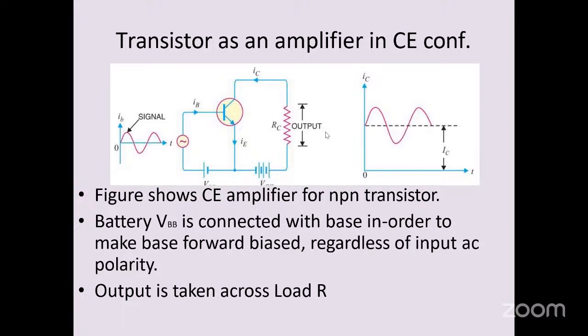The battery VBB is always connected to the base in order to make the base forward biased. The input is an AC signal. Next, for the output, take a load resistance, capital R.